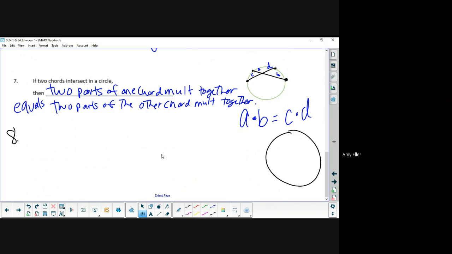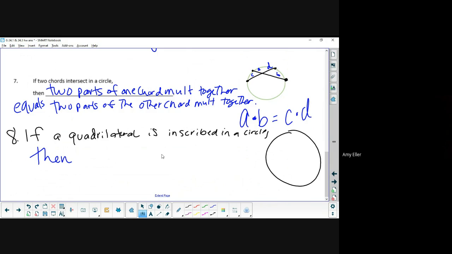If a quadrilateral, a four-sided figure, is inscribed in a circle, we'll draw that.